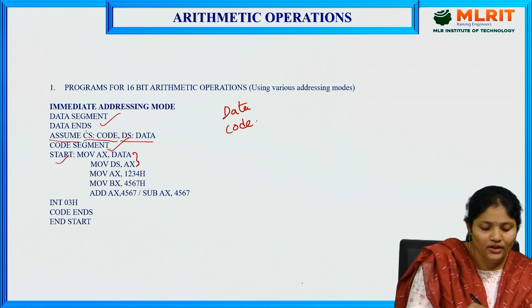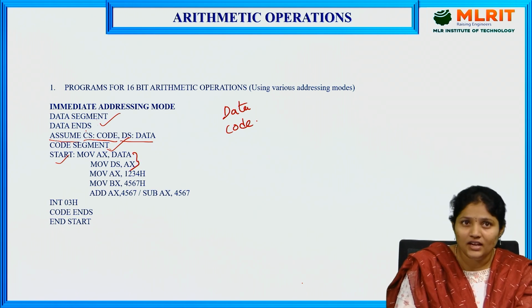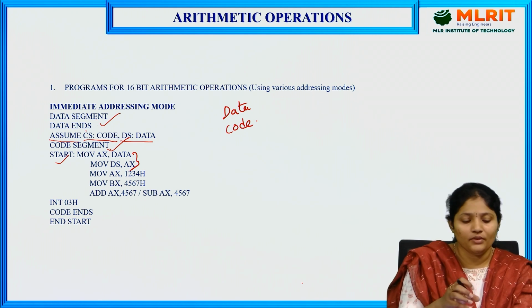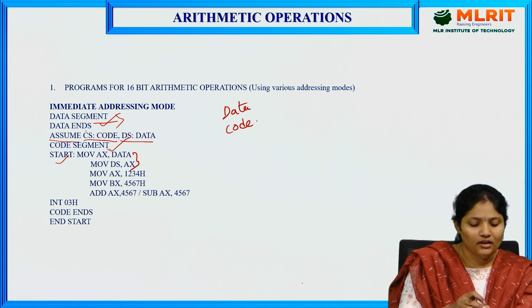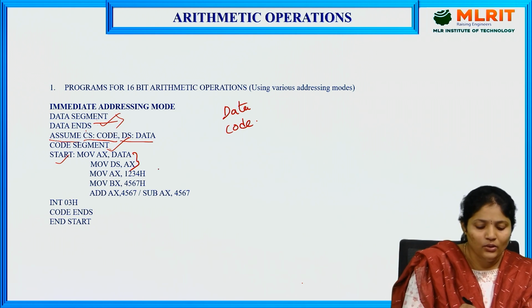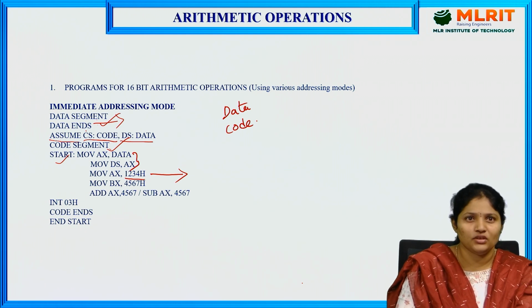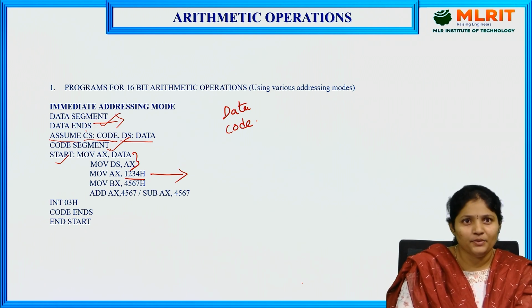Here these two instructions are used to initialize the data segment within the code segment. So now I can access whatever data is present in the data segment in this code segment. Now coming to this instruction, here 1234H is the hexadecimal representation of a 16-bit number.